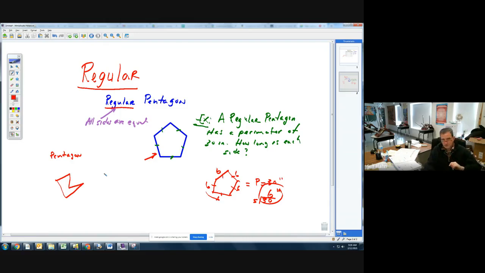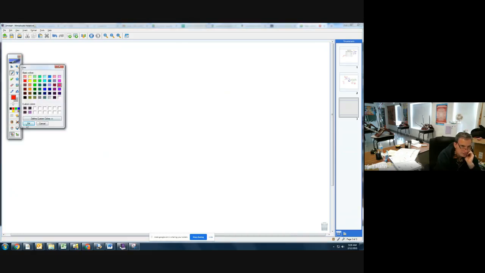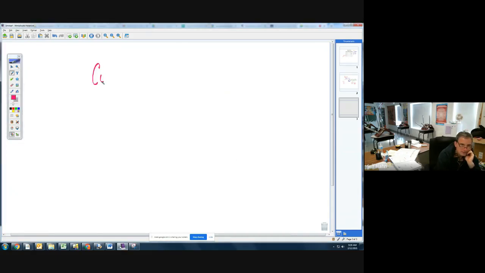Now, unless you thought you were done, we have one more piece of note paper to do. And on top of this piece of note paper, you are going to write the word congruent. Congruent.